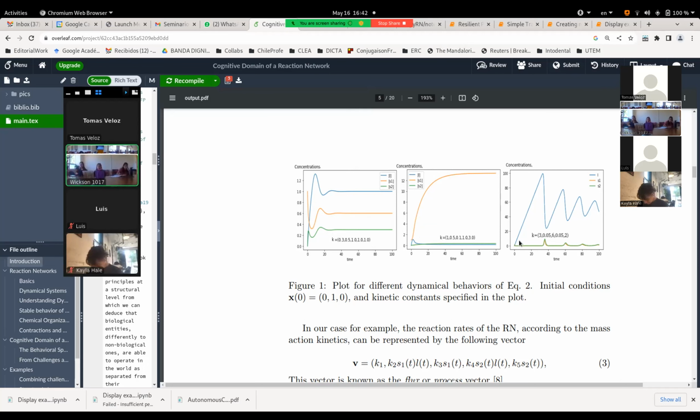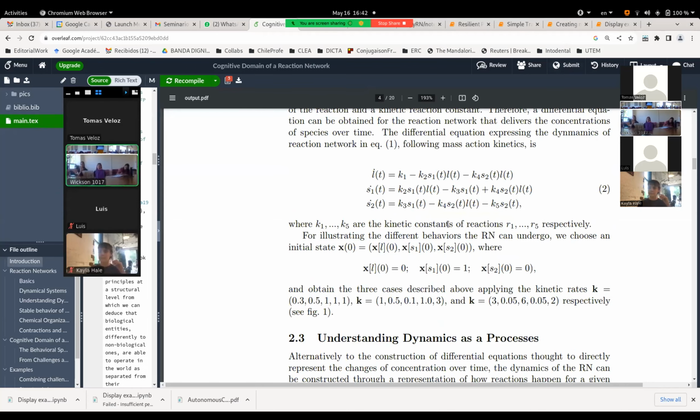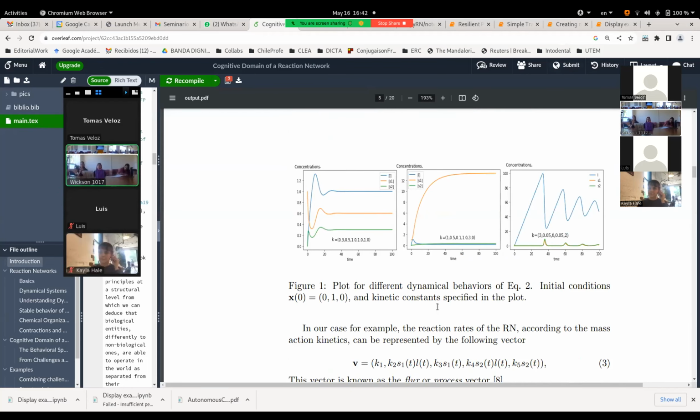And the third gives us an oscillatory regime that looks like it's going to converge to something where S1 and S2 decay. They tend to peak and then decay, and peak and decay. So we don't know exactly what's going to happen, but we see that the dynamical behavior of this already very simple system can be quite different at the qualitative level.